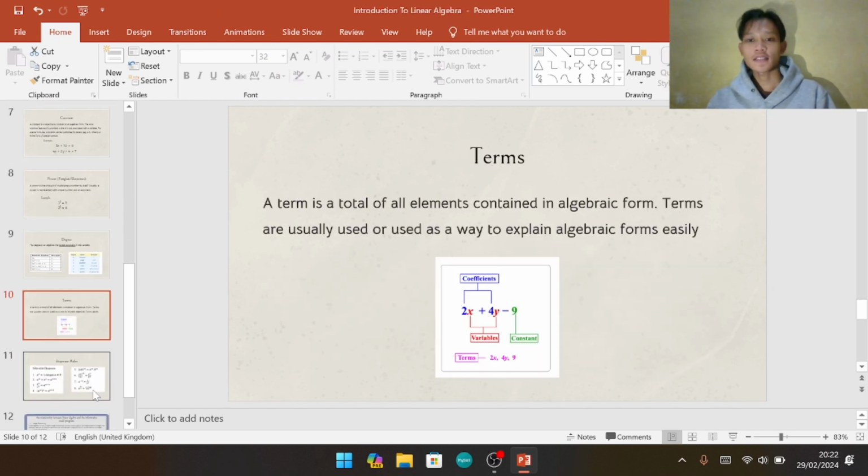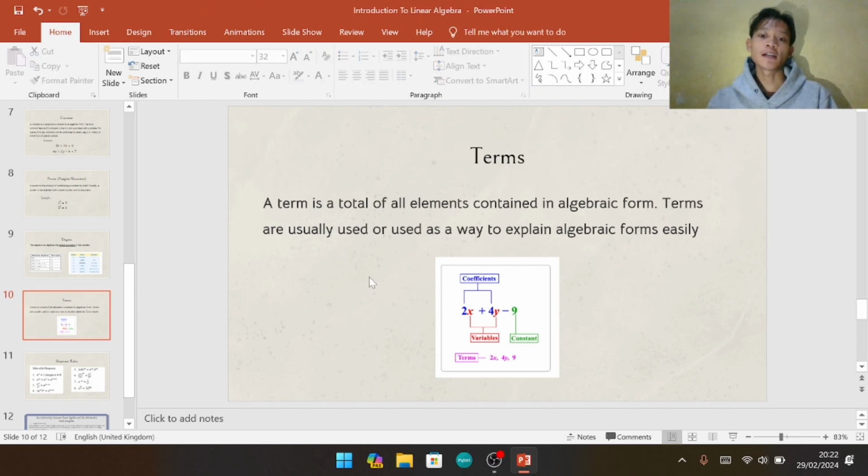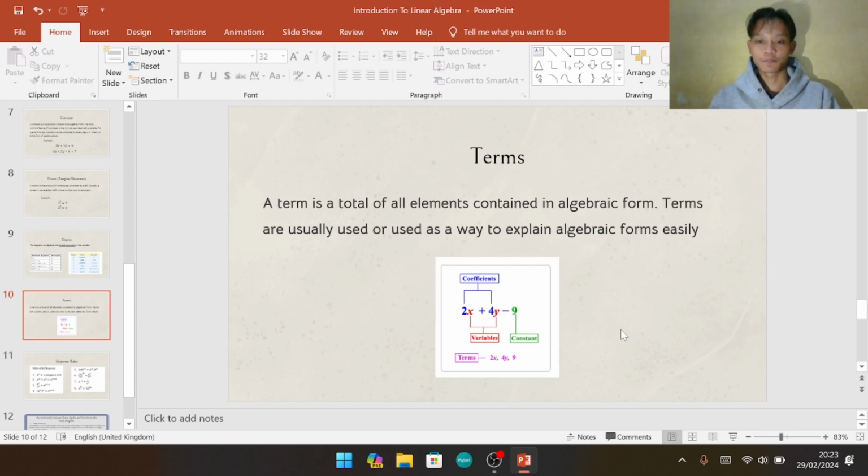Okay, next, terms. A term is a total of all elements contained in an algebra form. Terms are usually used as a way to explain algebra easily. This is a sample for term.